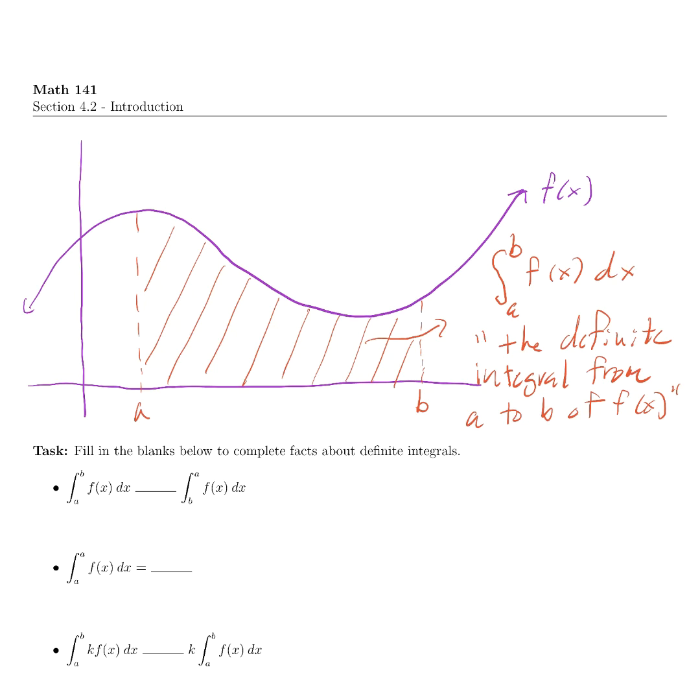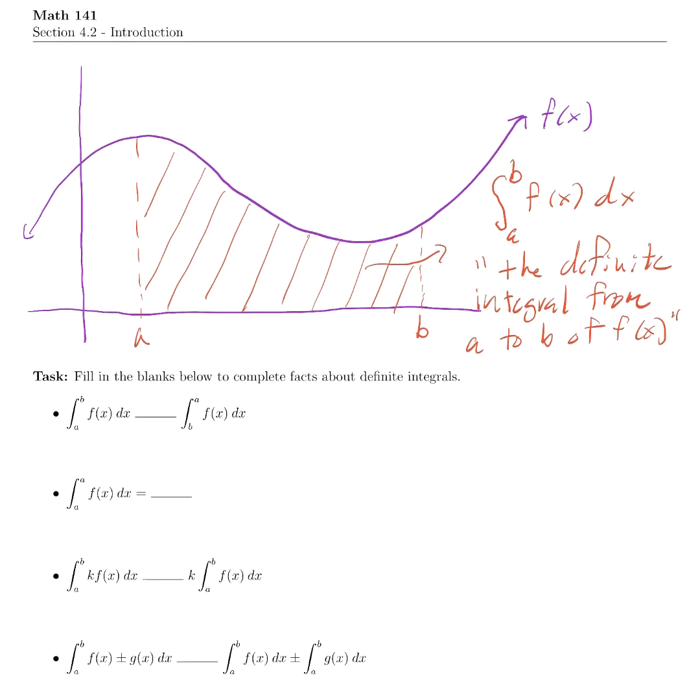So here it is. I've shaded here the area between a function f of x and the x-axis on [a, b], and whatever that area is is given this name. It's represented by this symbol, which in words is the definite integral from a to b of f of x dx. f of x is the function, x is the variable we're working in, and a and b are what are called our limits of integration.